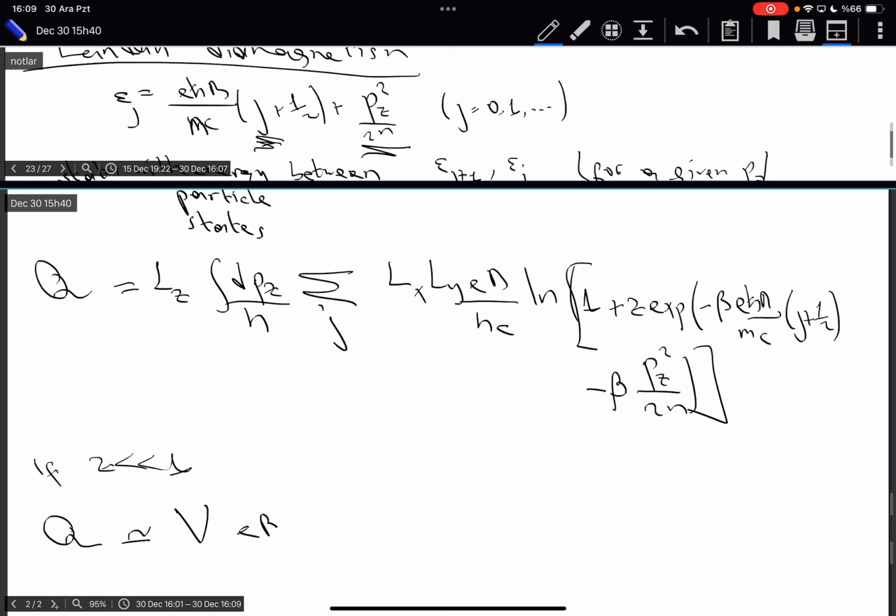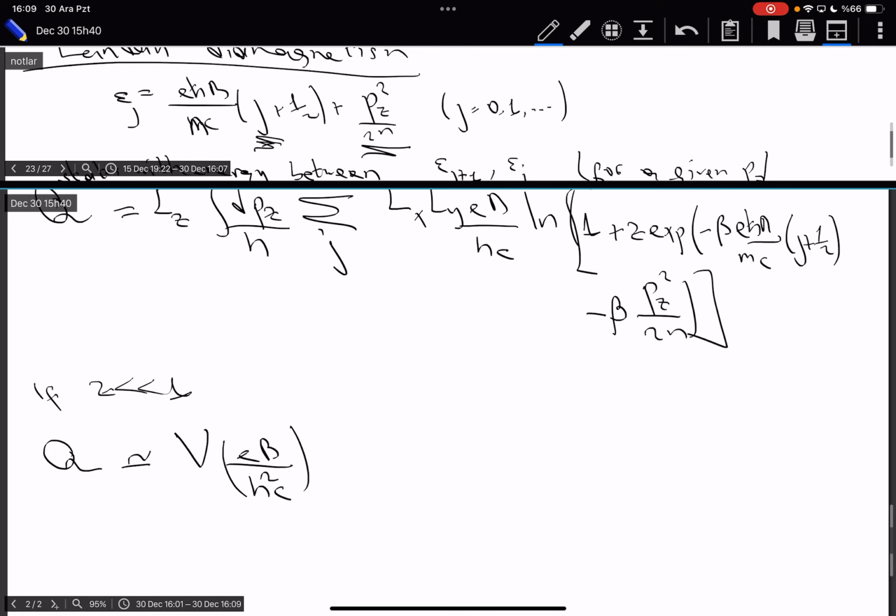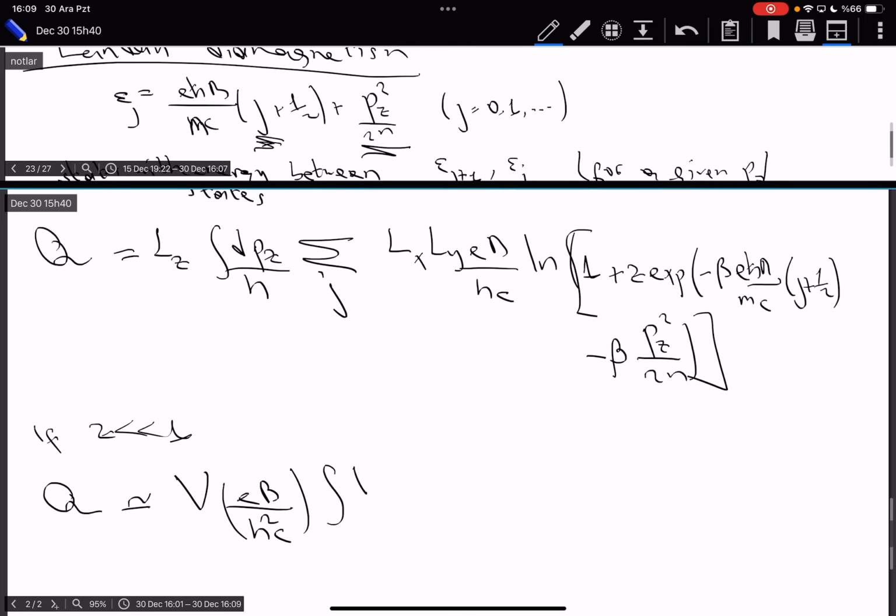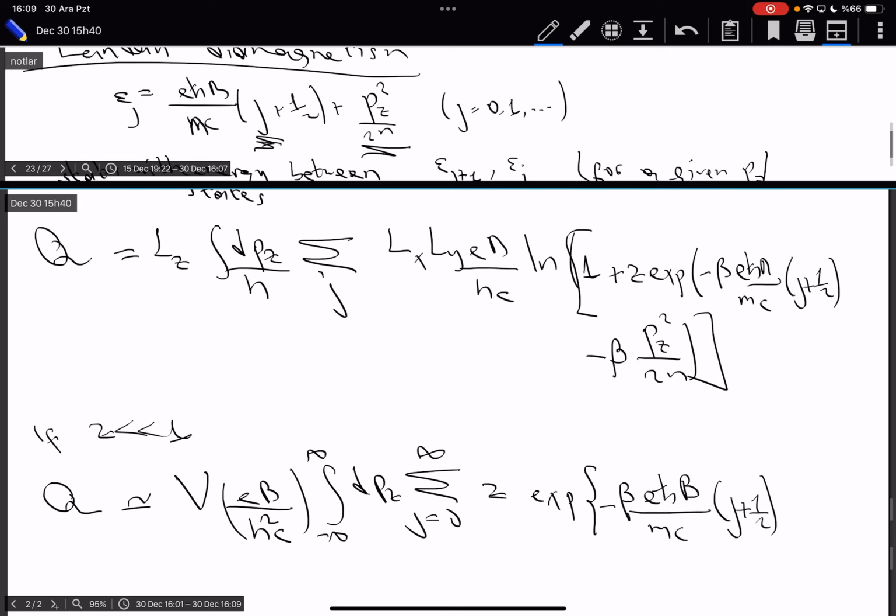I have eB over hc, h squared c, times the integral over pz from minus infinity to infinity, sum over j from 0 to infinity, and I have z times that exponent of minus beta e h bar B over mc, j plus 1 over 2, minus beta pz squared over 2m.